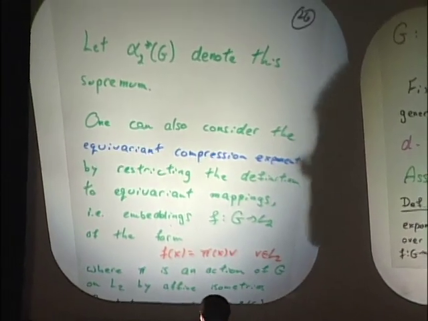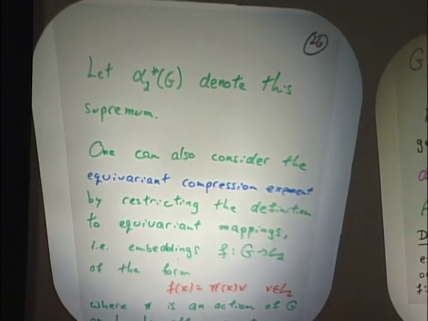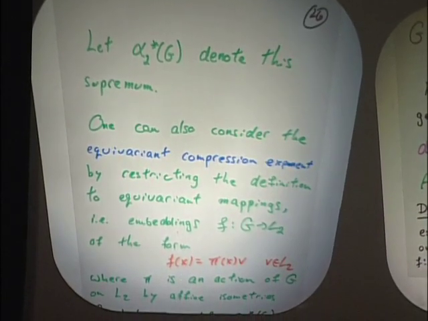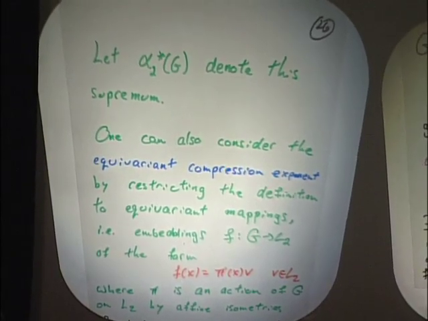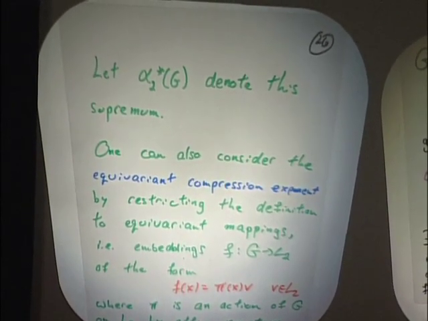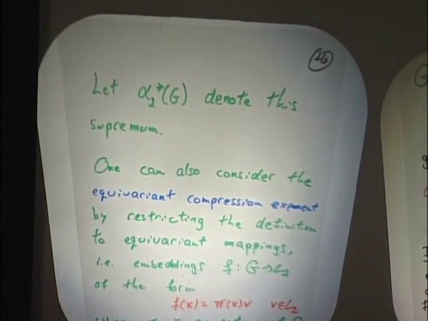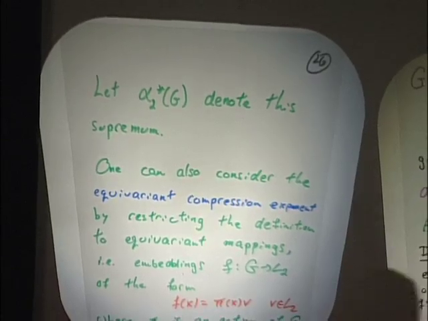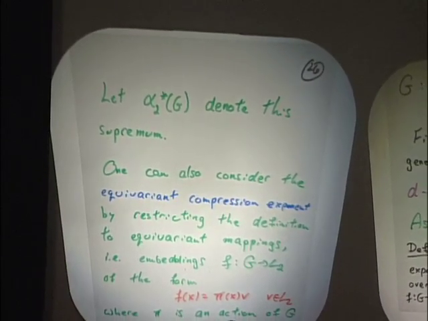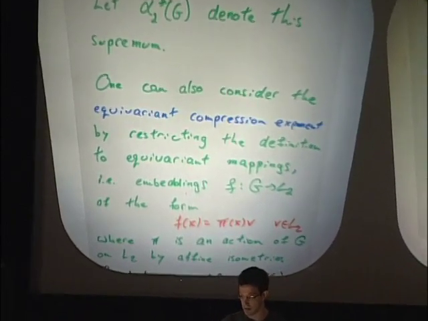It will be convenient, and you will see later, there is also an analogous notion which is equivariant compression. Because it's a group, we have all these symmetries, we can take the definition that's written over here and just define the same thing, but demand that the embeddings are equivariant. So they are just the orbit of some fixed vector in L2 under some action by affine isometries.